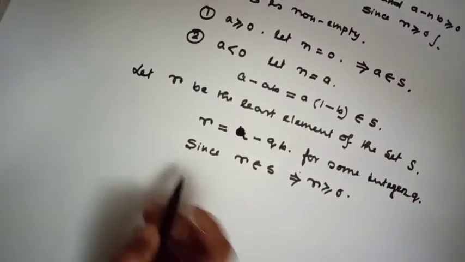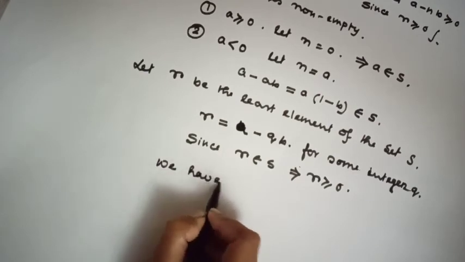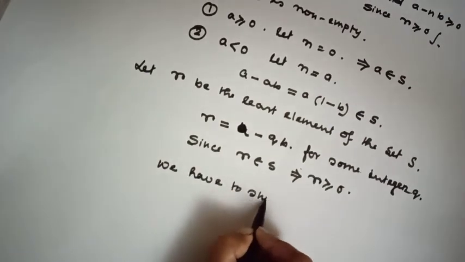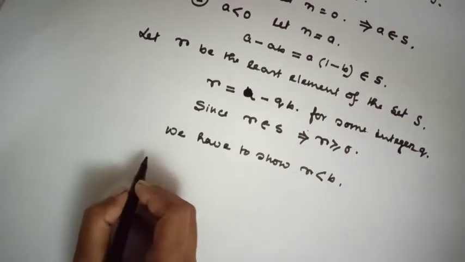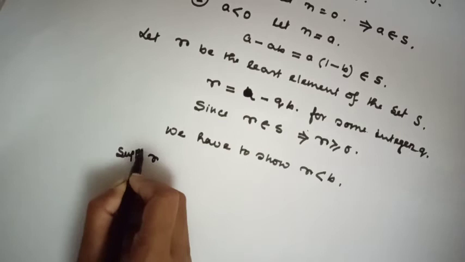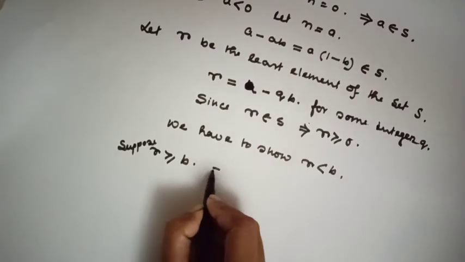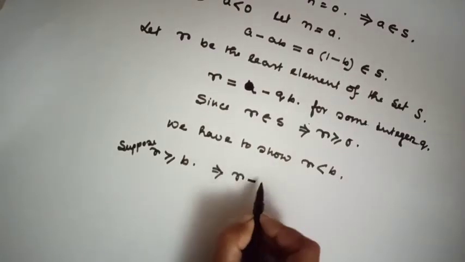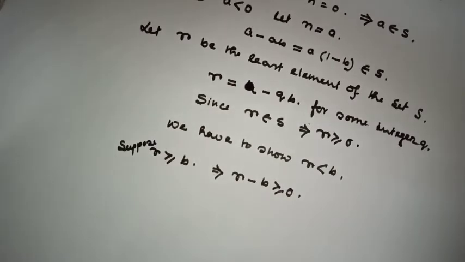That means by the statement we have to show R strictly less than b. Suppose by contradiction, suppose R is greater than or equal to b, that implies R minus b is greater than or equal to 0.